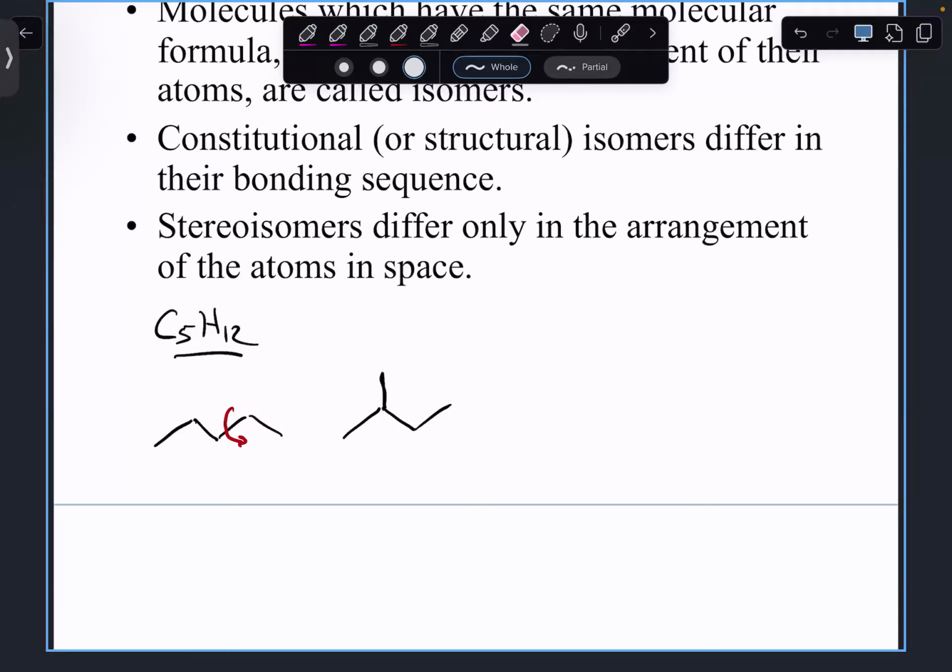That would look like this. So there's my 3 carbon chain, there's 1 branch, there's 2 branches. So those would be the 3 different constitutional isomers of C5H12.